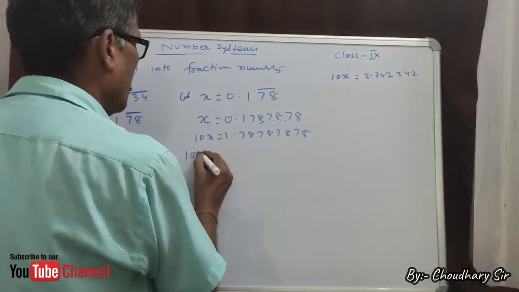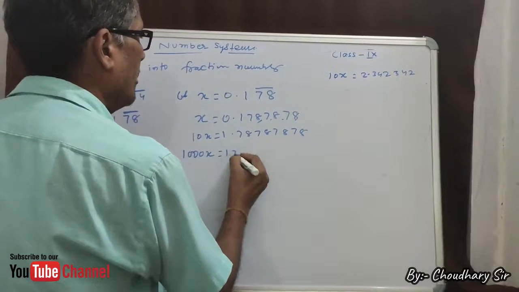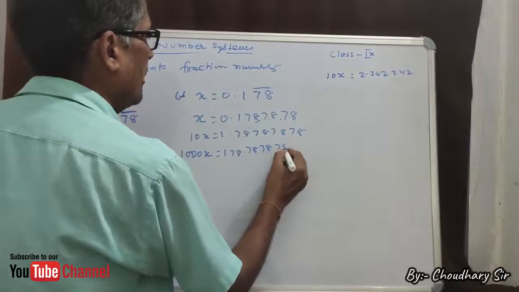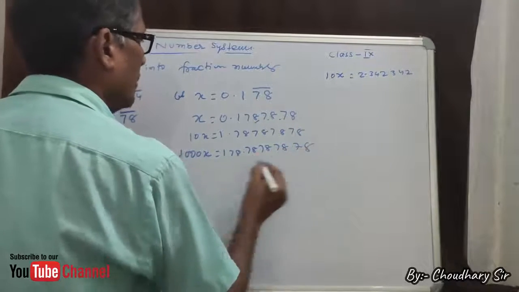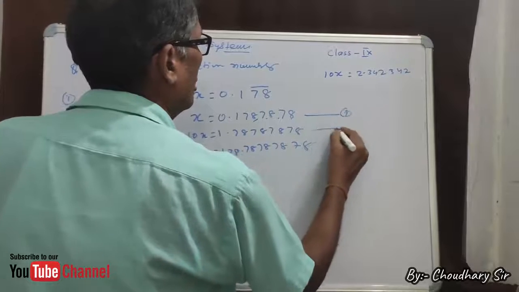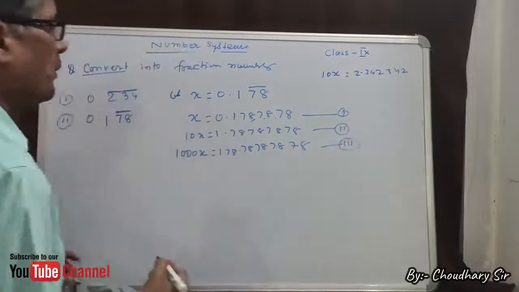So 1000x equals, what will you get? 178.787878. So this is your first, second, and third equation. What to subtract?